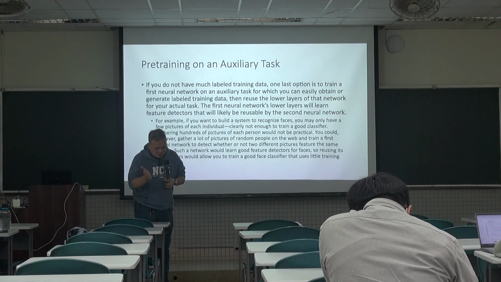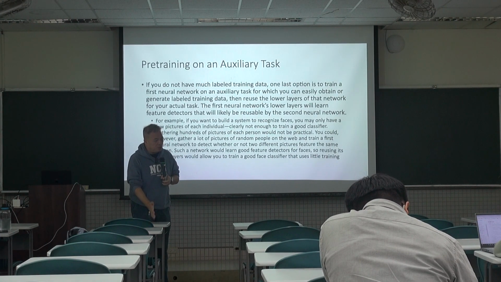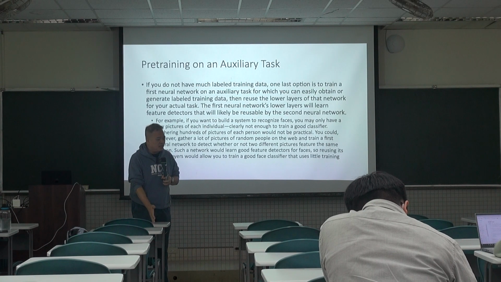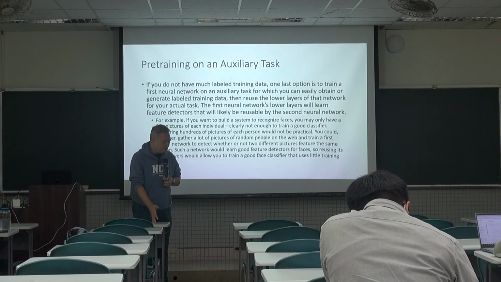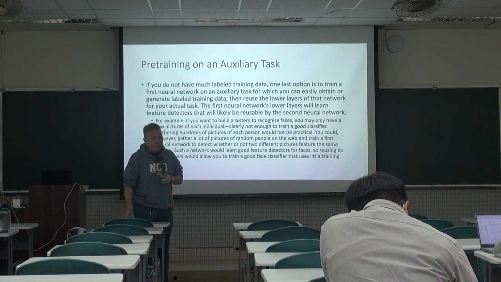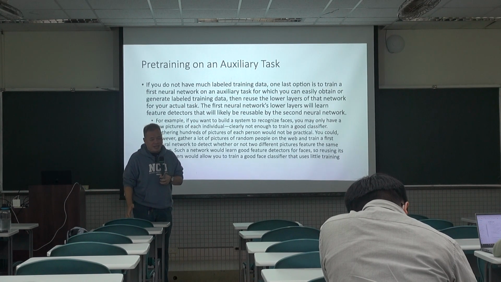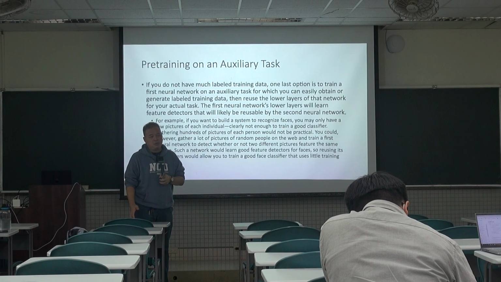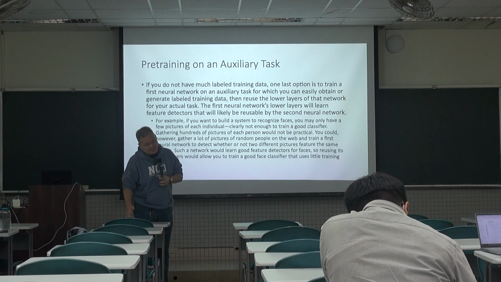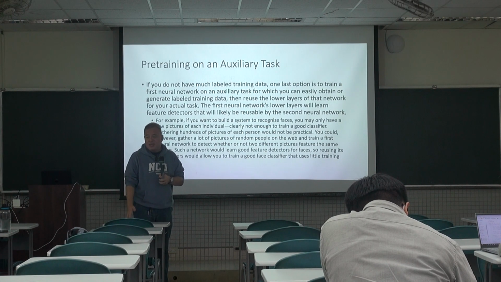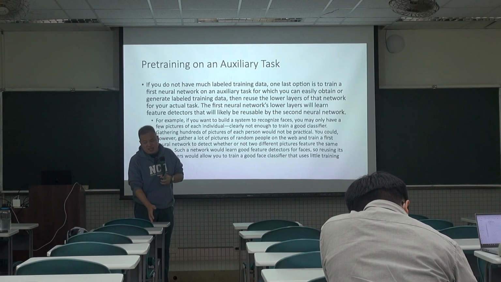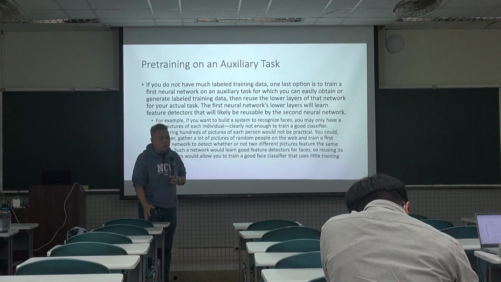You don't have the labeled data to train your task. Let's call this task A. But if you could easily find a lot of data that you could use to train for another task, we call that task B. And it happens that task A and task B are sort of correlated.